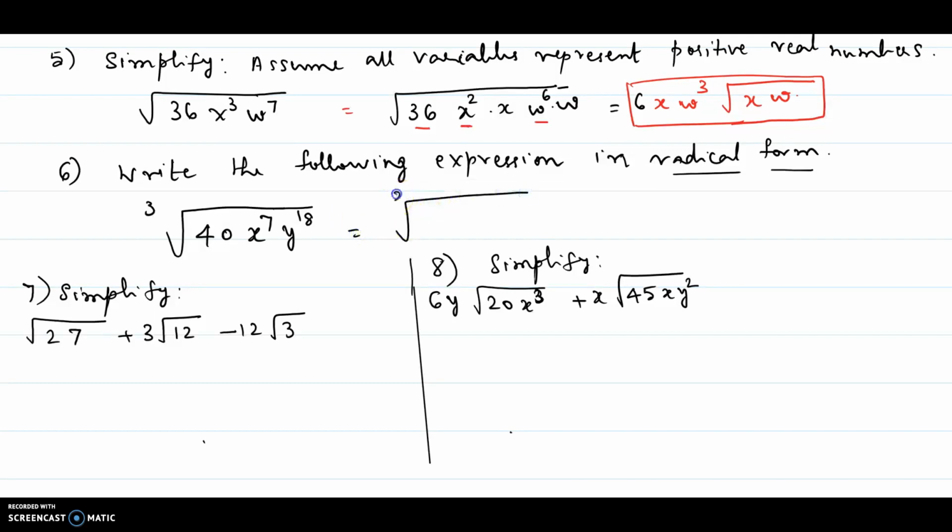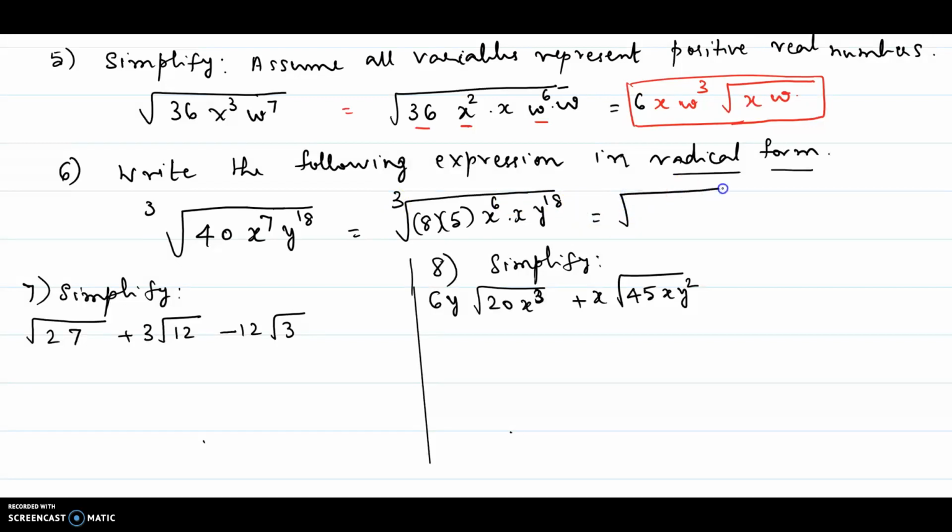So it is cube root of, so we'll write 40 as 8 times 5 because 8 is a cube number. Then x to the power 7 as x to the power 6 times x. Y to the power 18, we leave it as y to the power 18 because 18 is divisible by 3.